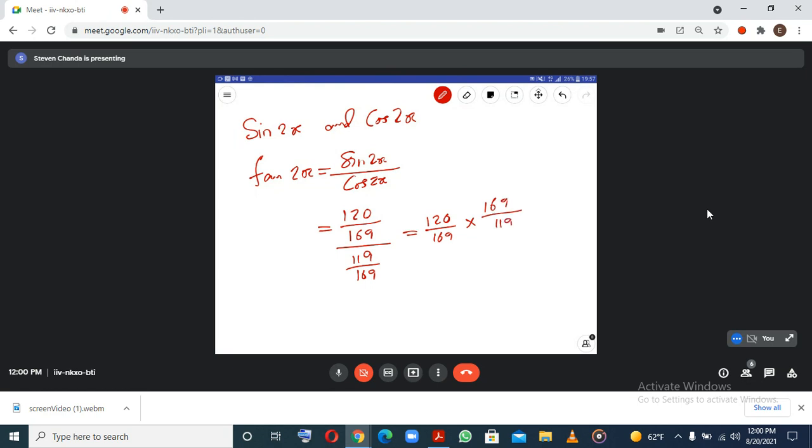We cancel that, we cancel that, and that's 120 over 119, which is pretty much what we found, right? So you could do that as well, especially because in the exam you're always trying to save time, right?